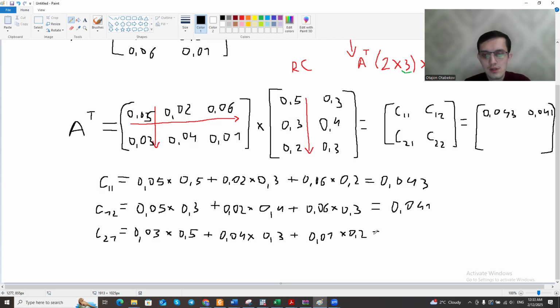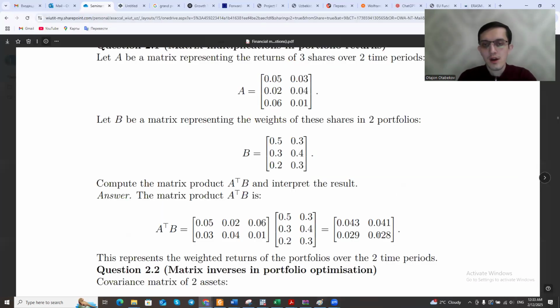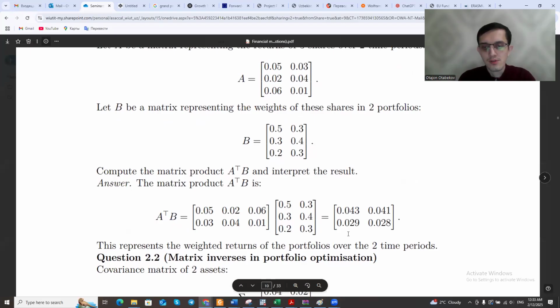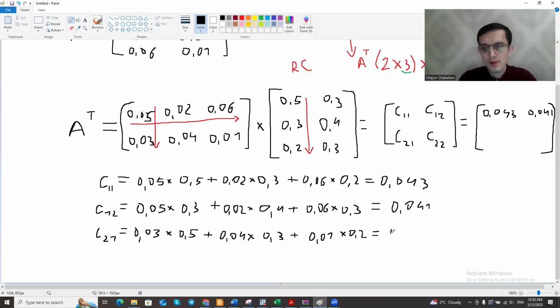And this is equal to, again, you can use your calculators and check it. I just take from the answer sheet 0.029. This is my C 2 1 element. I put it here to its position, 0.029.